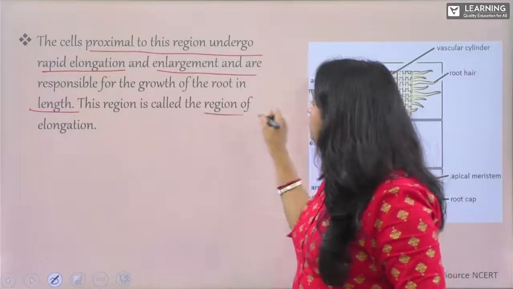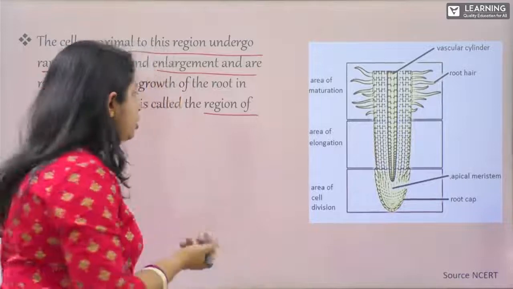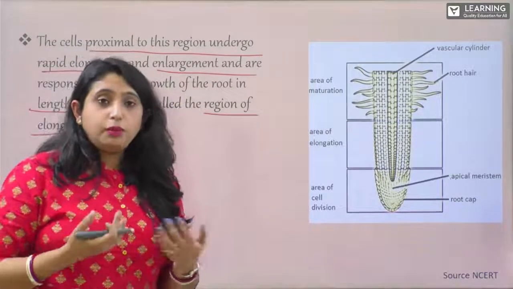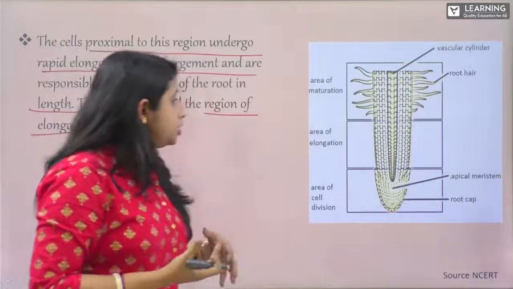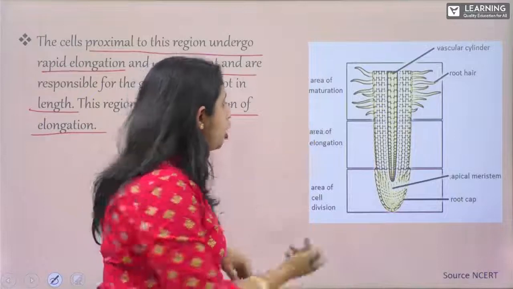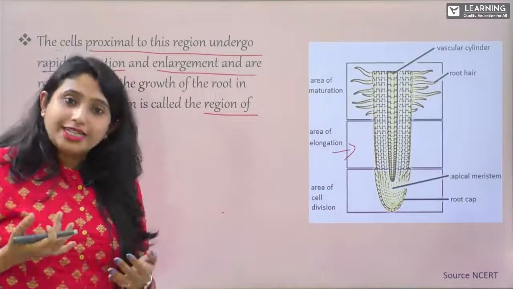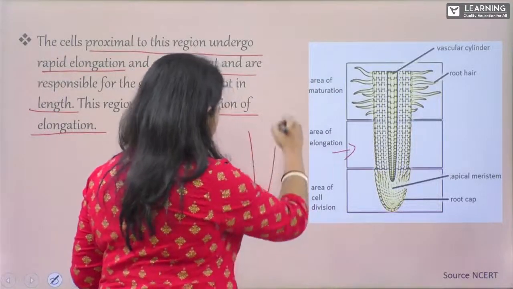The meristematic tissues divide and the cells rapidly increase in number.